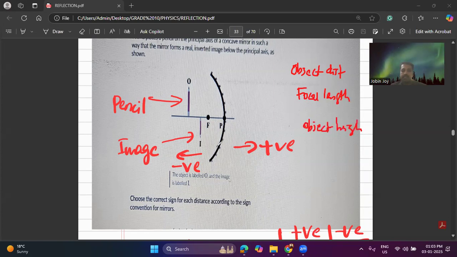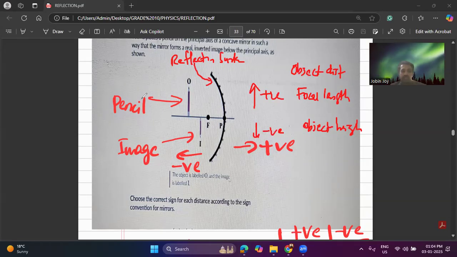It's a concave mirror, so the reflecting surface is this. This side is negative and this side is positive. Above the principal axis is positive, below is negative. Where is the object? The pencil is the object, and it is near the reflecting surface, so object distance is negative.